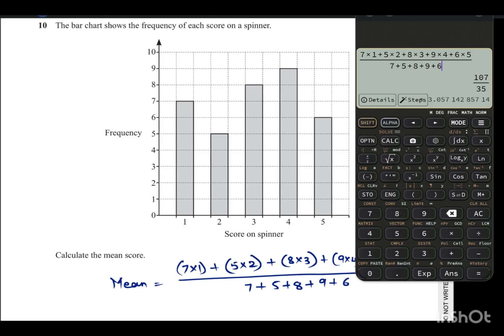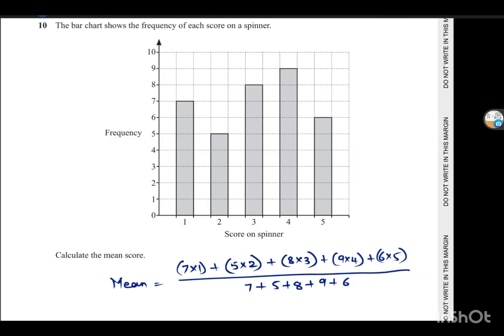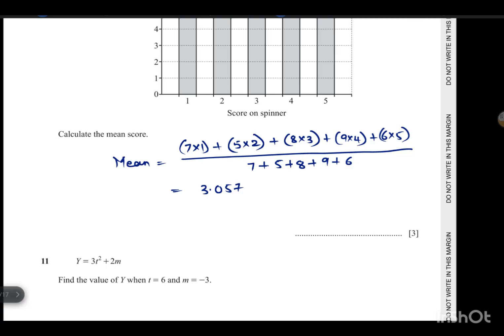It is 3.057, so we can write it as 3.06. 3.057 is the mean we got. So now the answer is, you can round to 2 decimal places, so 3.06.